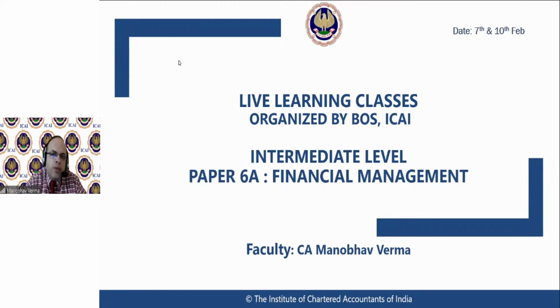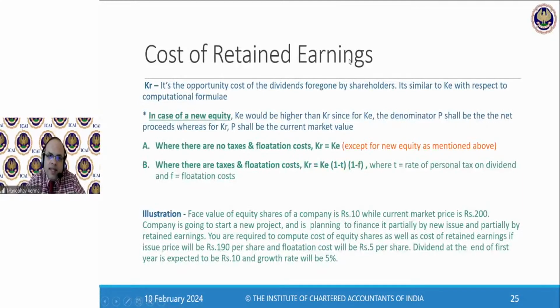So let's resume our discussion of the day from cost of retained earnings, guys. I hope everyone can see my screen here. Generally speaking, you are absolutely correct in terms of opportunity cost.